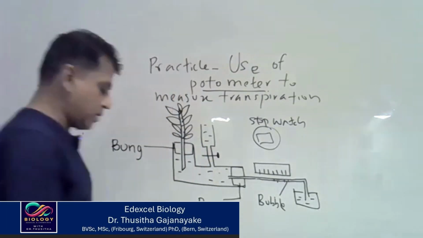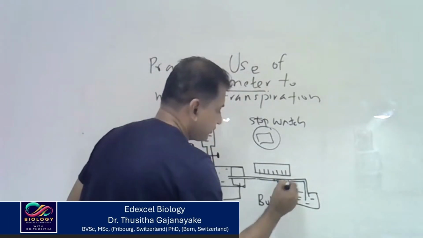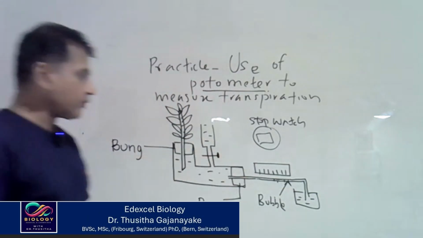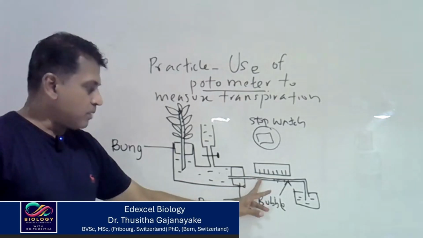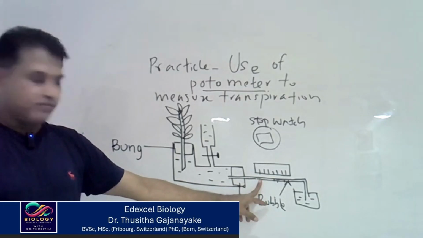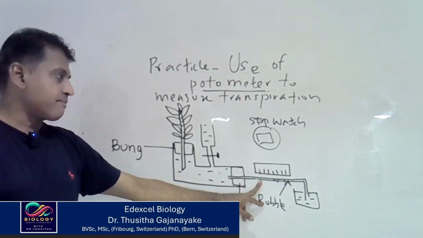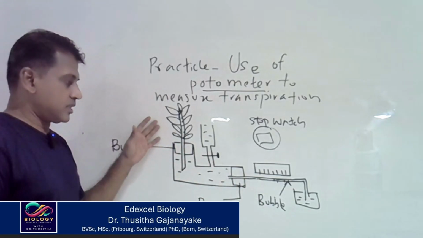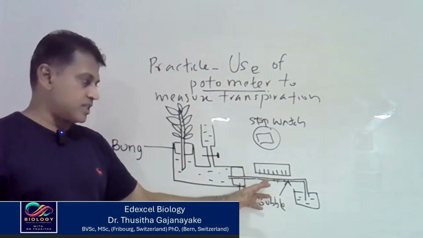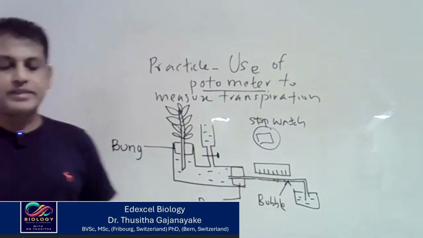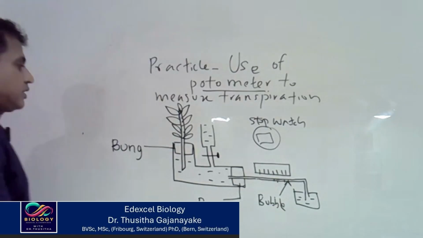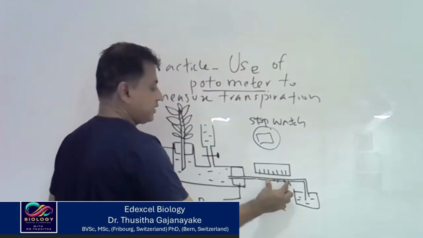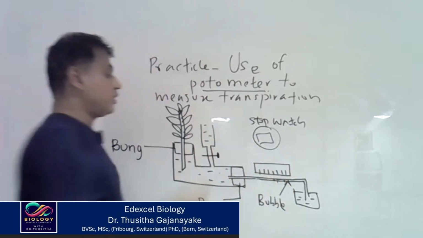Let's say the bubble starts here, and I start the stopwatch. After 5 minutes, the bubble comes to this place. It took 5 minutes. Then I increase the light intensity. Then it takes 3 minutes. So this method is useful to measure transpiration by measuring the time taken for the bubble to move to one end.